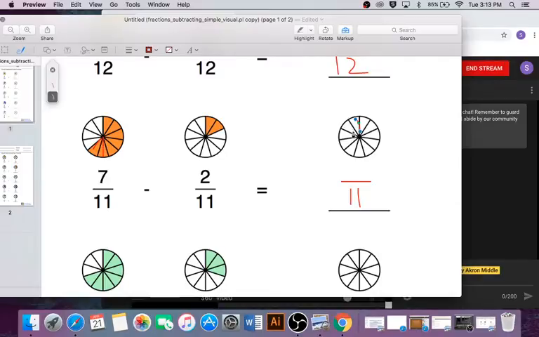So we're going to shade five pieces in on our answer. And our answer is going to be 5/11.